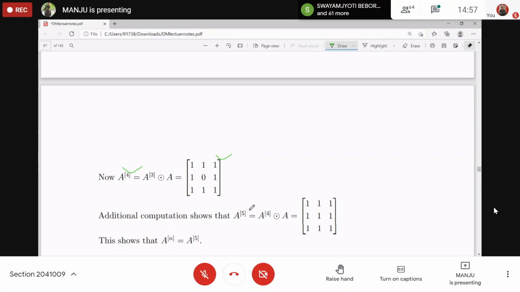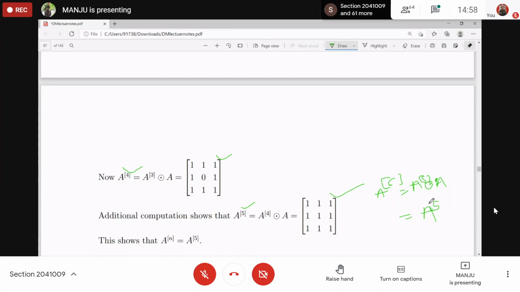A to the power 5 is the fourth power into A, so the answer is this one. Then A6 is again A5 Boolean product with A, so you again get all 1s, equal to A5.